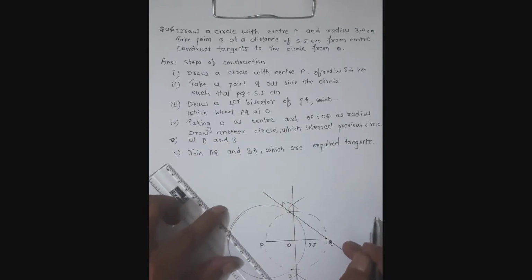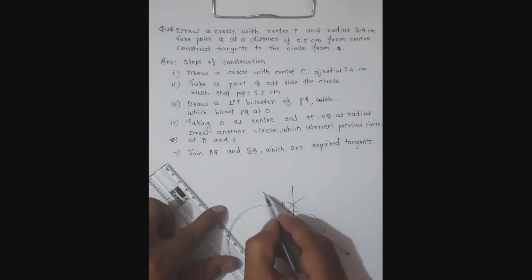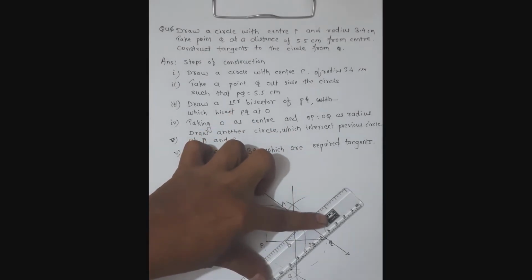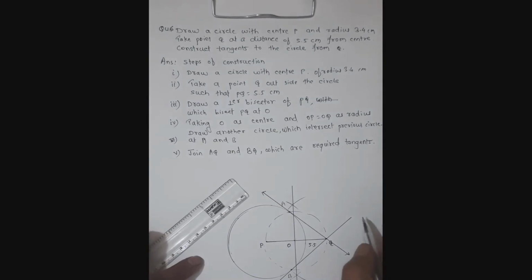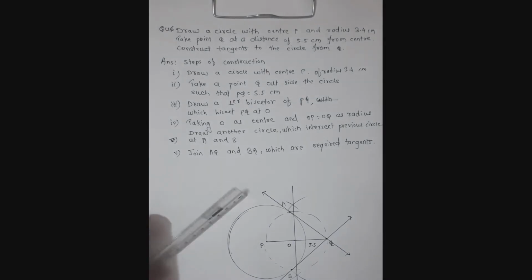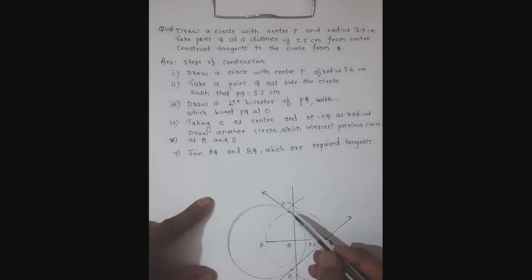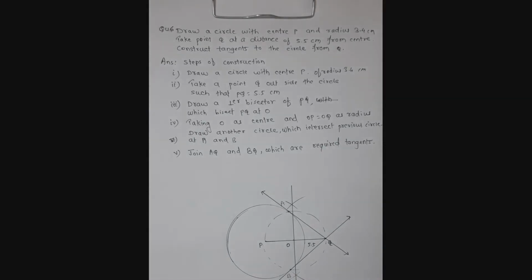So this is the first tangent, and then we join this BQ which is the second tangent. That means from a point Q we draw two tangents to the circle having radius 3.4 centimeter at points A and B. So in this way you have to solve question number 6.